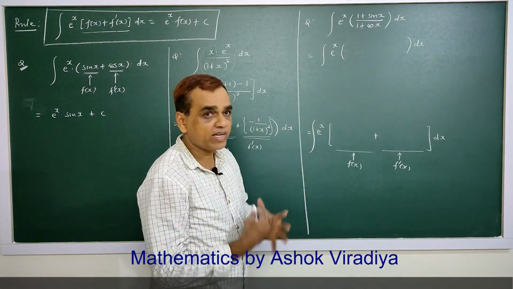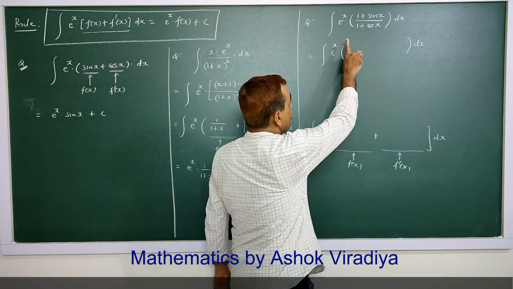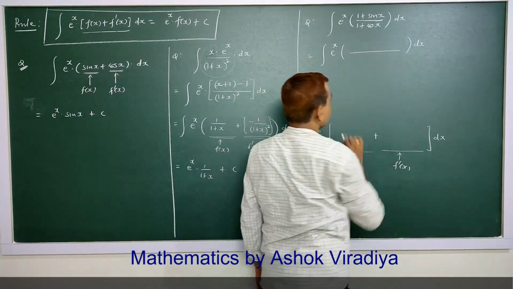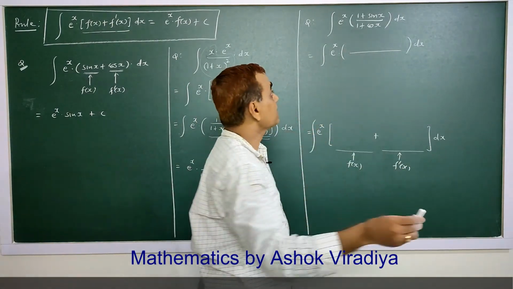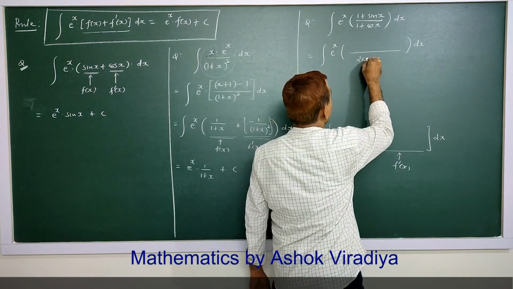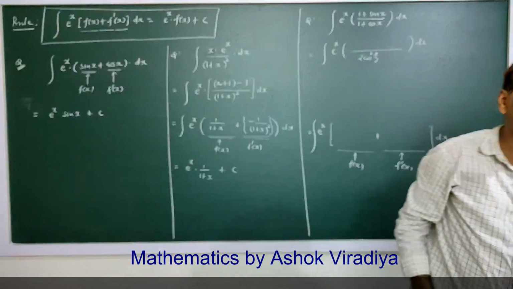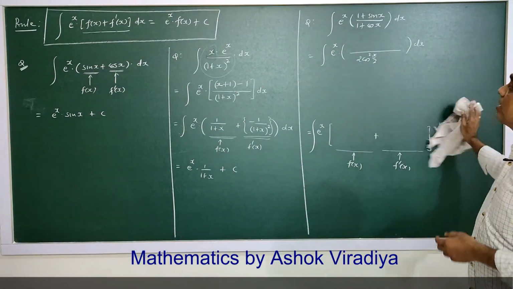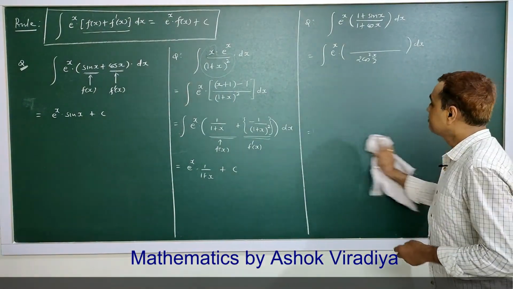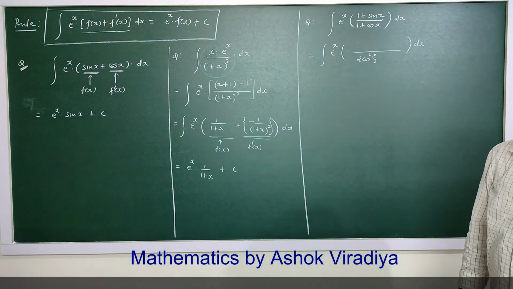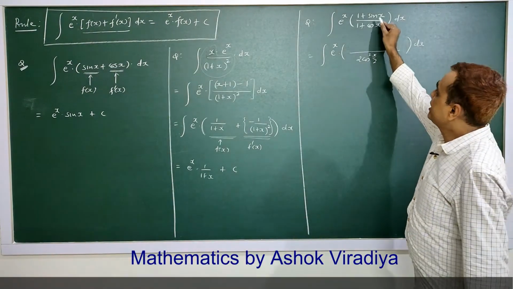So doing in that way, say here 1 plus cos x. 1 plus cos x is 2 cos square x by 2. Denominator is taken in terms of x by 2, so same we do in numerator.